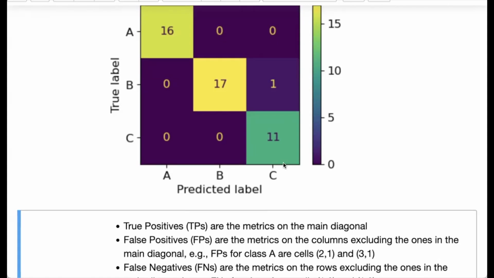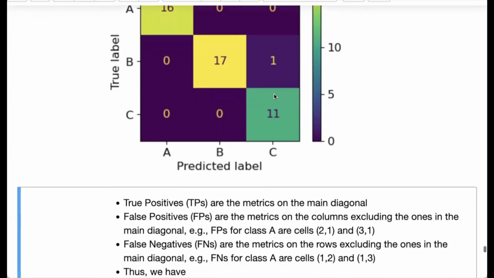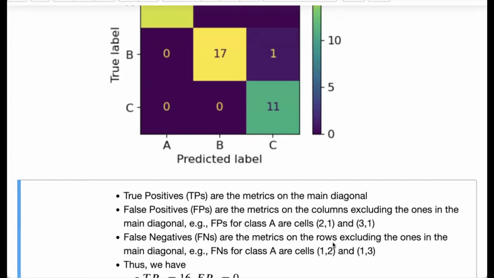Then the false positives are the terms in the columns, excluding the ones in the main diagonal. So in this case, false positives for class A are these cells, 2 and 1 and 3 and 1, these two. The same thing for class B, this one and this one, and then for class C. And then false negatives are the terms in the rows, excluding the ones in the main diagonal.